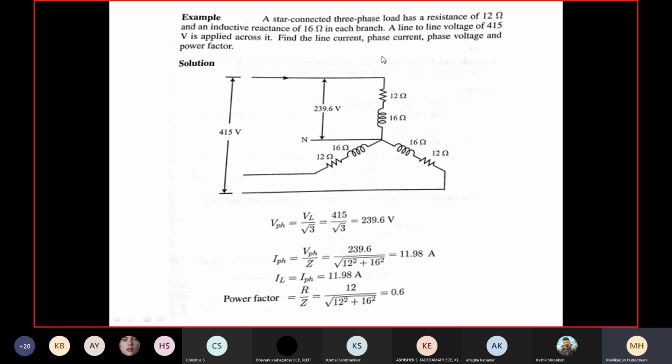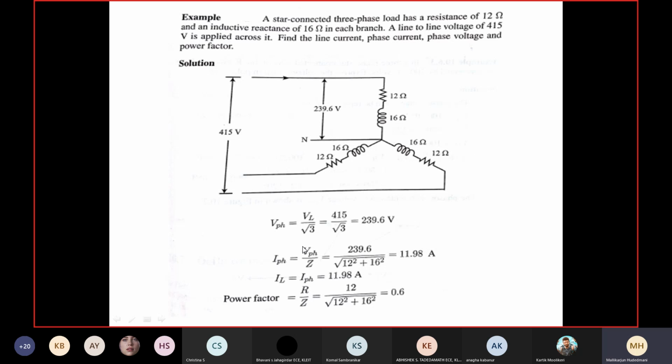IPH equals the voltage across this, VPH, divided by the impedance Z, which gives the phase current. You can see here 239.6 divided by the square root of 12 square plus 16 square. That gives a numerical value of 11.98. So 11.98 amperes is the current flowing in each phase. It is the same current coming from the line because it's a star connection.